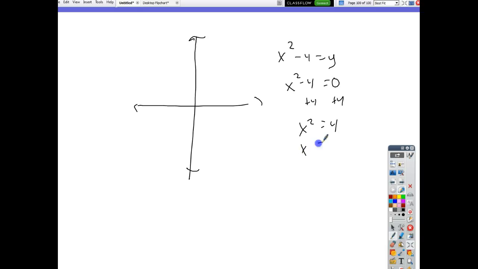And then we're going to get x equals what? Oh, such a trap. Thank you. 2 and -2. So that would be the two places where this thing crosses the x-axis. Okay? So that's how you find the zeros. You set y equal to 0 and you solve for what values of x give you that value. That tells you where it crosses the x-axis.